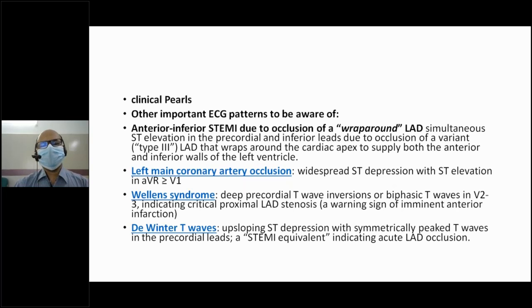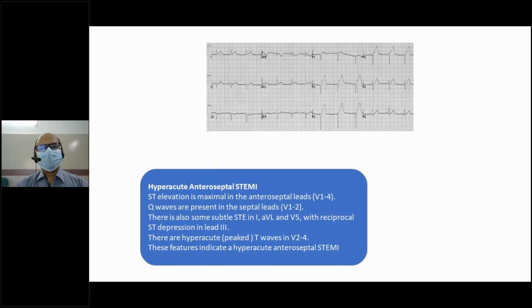Anterior inferior infarction is due to a wraparound LAD, with simultaneous ST elevation in the precordial and inferior leads due to occlusion of a variant type 3 LAD that wraps around the cardiac apex to supply both the anterior as well as inferior ventricle. This is one of the important ECGs for you. You should always try to localize your findings.